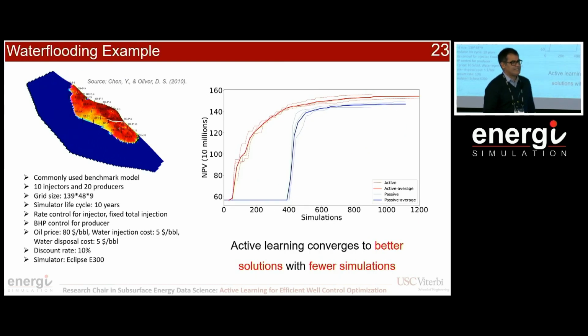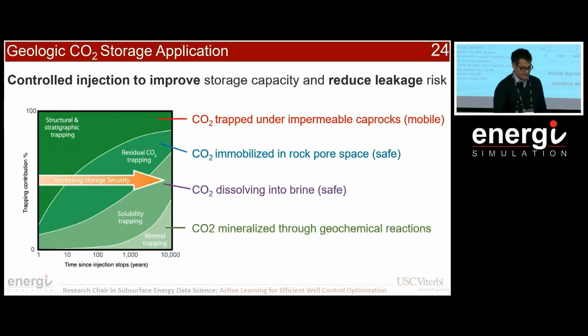And we applied this to other water flooding benchmark examples that we have. This is another example that has been used in the literature quite widely. And what we saw was that with active learning, you could converge to better solutions faster compared to the offline training where you front load your computation, train these models, and then use them for optimization.